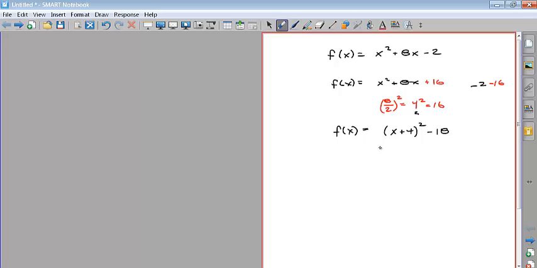Okay, now as far as finding the x-intercepts, to find the x-intercepts, you always set y equal to 0, or f of x, same thing. So you get 0 is equal to x plus 4 squared minus 18. So you can then solve for x. You'd add 18 to both sides.